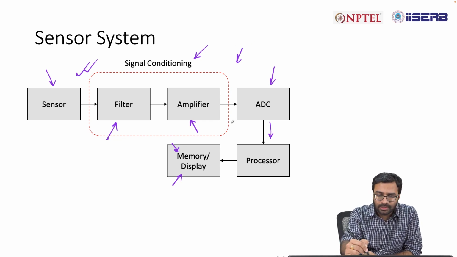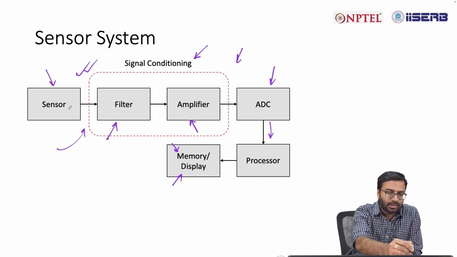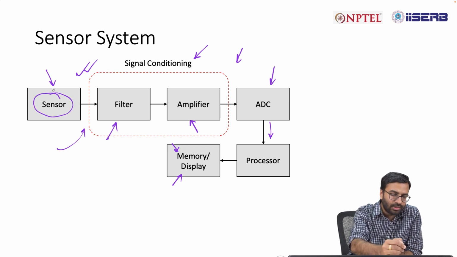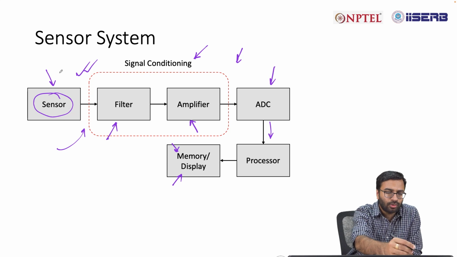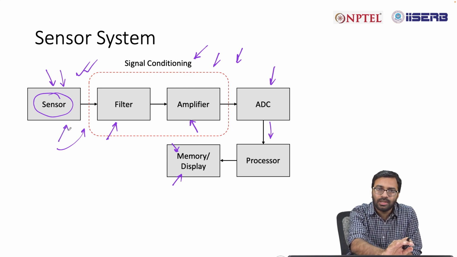Now in this course we will first look at the basic circuit associated with it. For example, when you have a sensor, you need a basic circuit in order to integrate this sensor with a system, which I have not explicitly mentioned in this block, but it's to some extent understood.